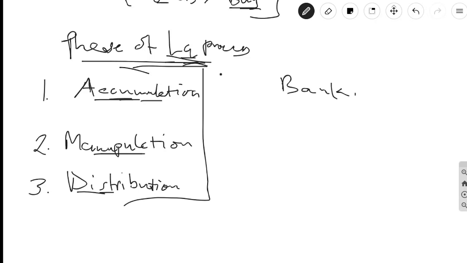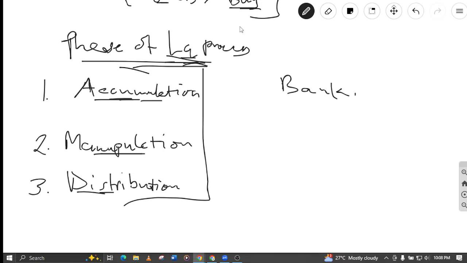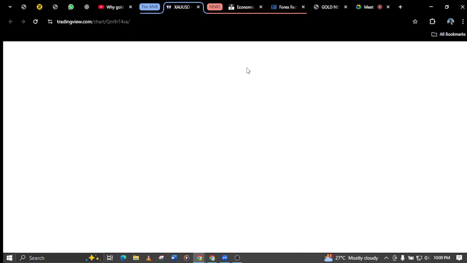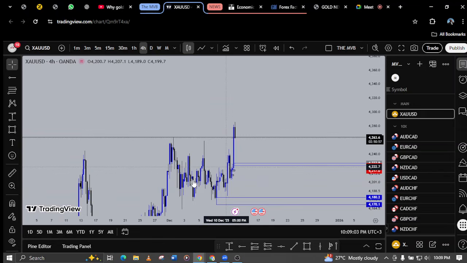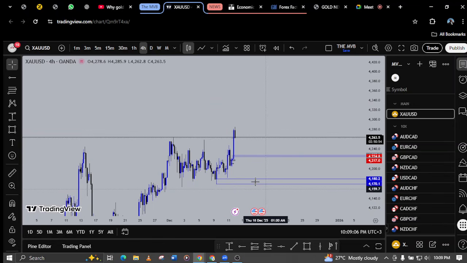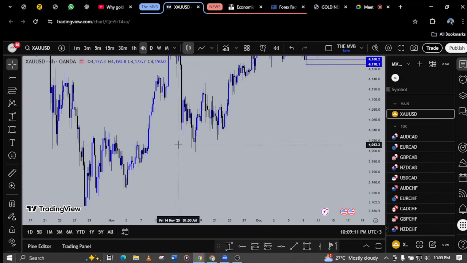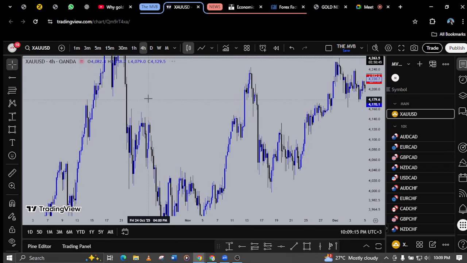So this is one of the secrets why we get big moves like this in the market, and we feel like, okay, why is the price making these big moves?